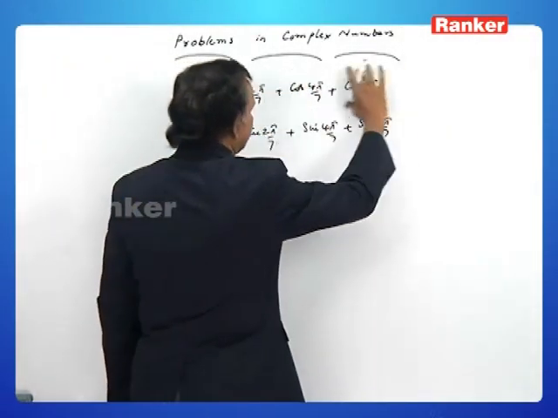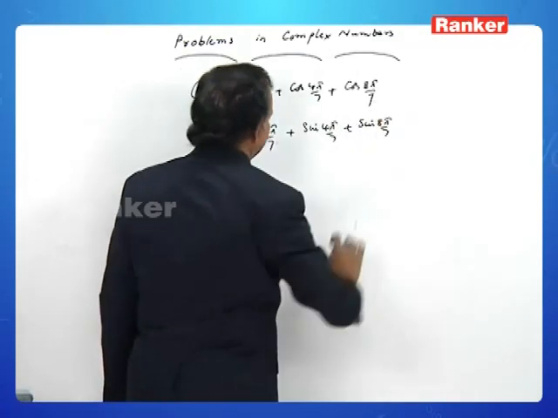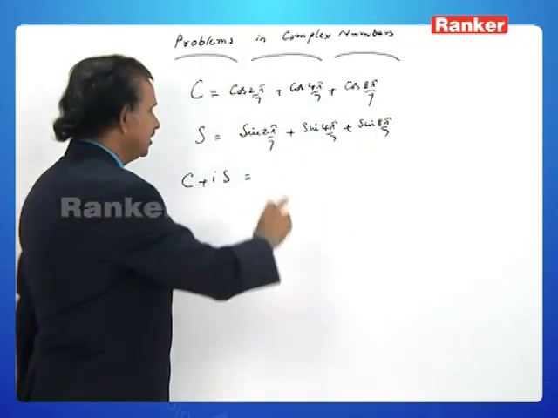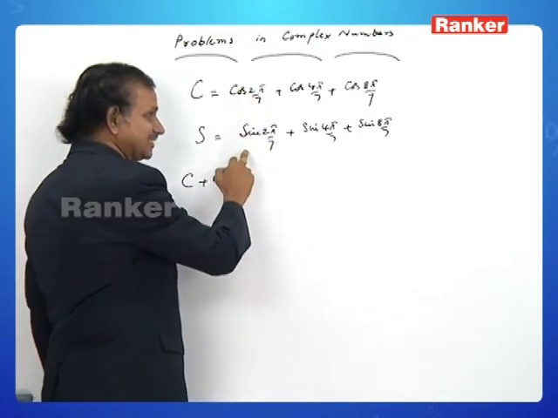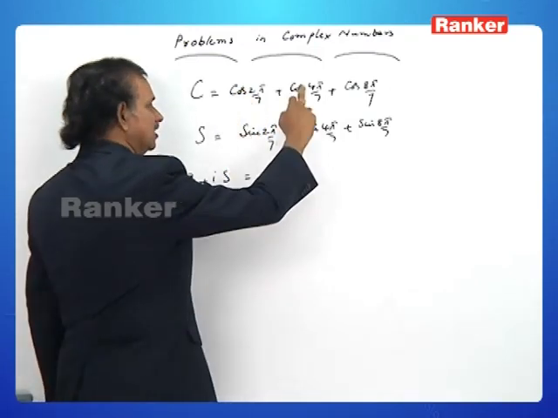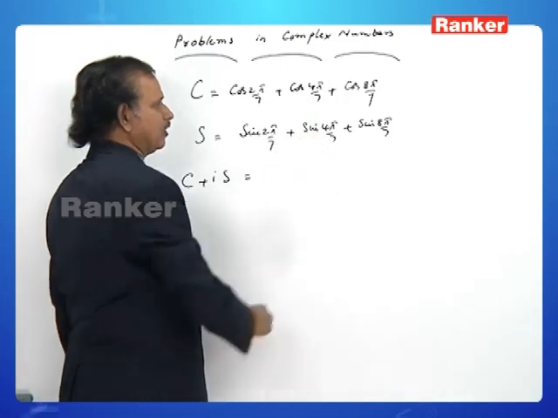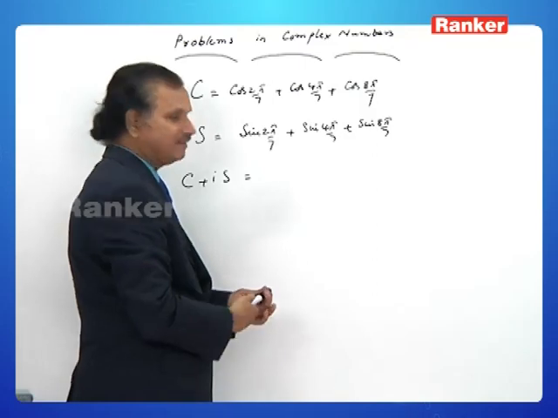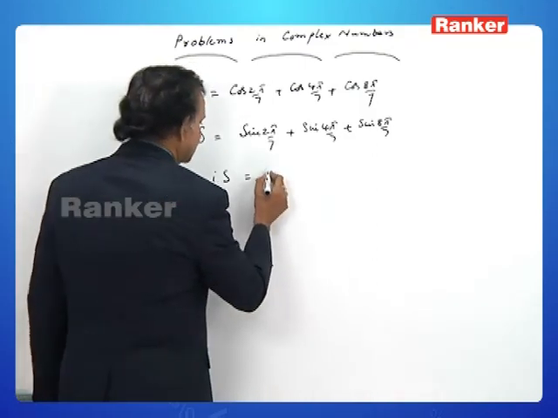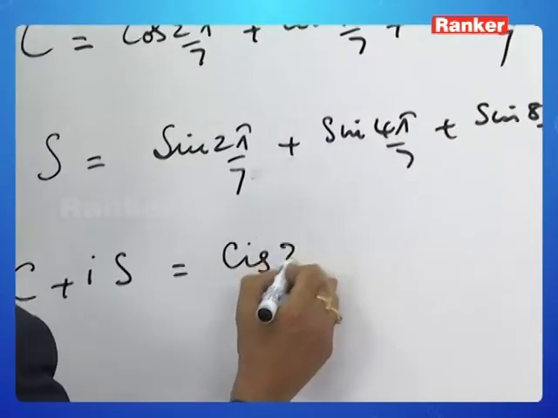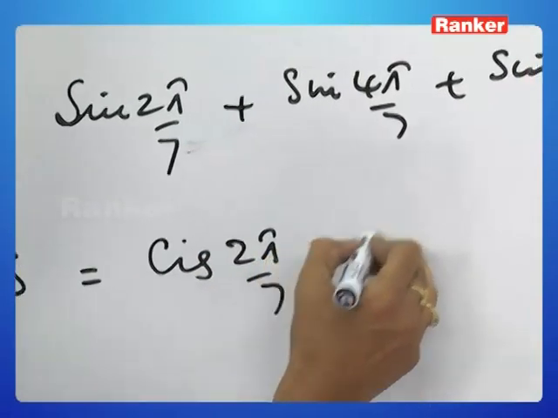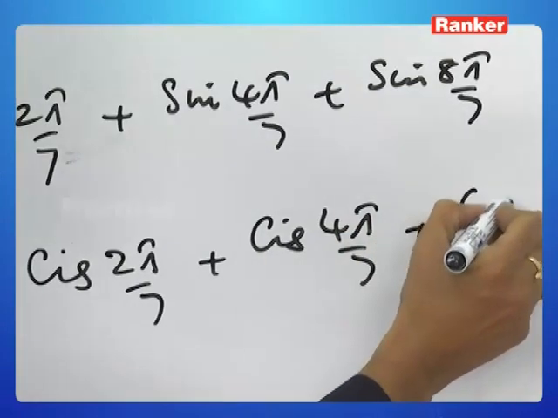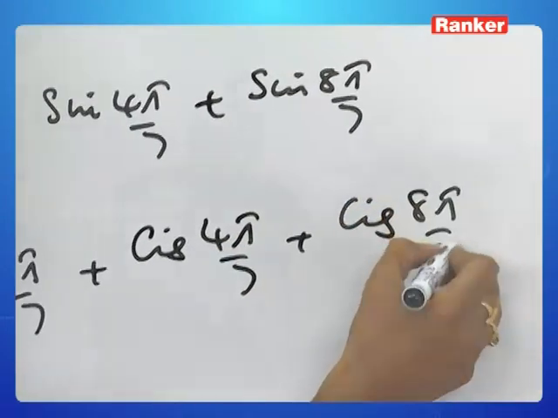This entire thing plus i into this entire thing. Again, I can split it into 3 parts. That is cos 2 pi by 7 plus i sin 2 pi by 7 plus cos 4 pi by 7 plus i sin 4 pi by 7 plus cos 8 pi by 7 plus i sin 8 pi by 7. That is cis 2 pi by 7 plus cis 4 pi by 7 plus cis 8 pi by 7.